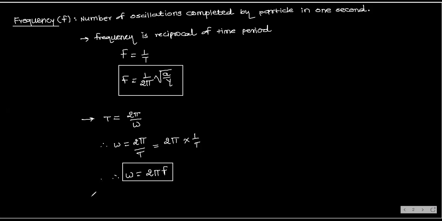Frequency, see here, I am writing one line. Frequency can be denoted by F, comma, f or n or even nu also. Keep it in mind. F or n or nu.